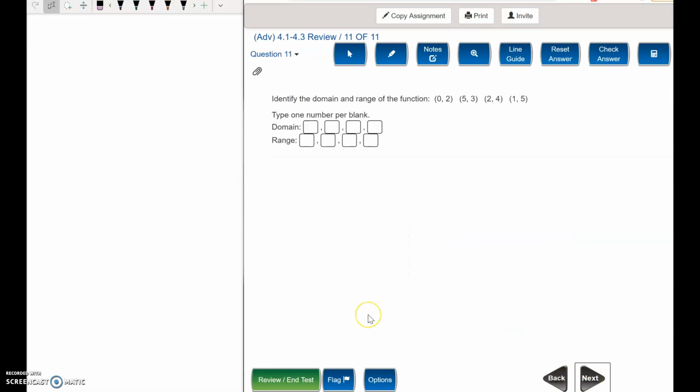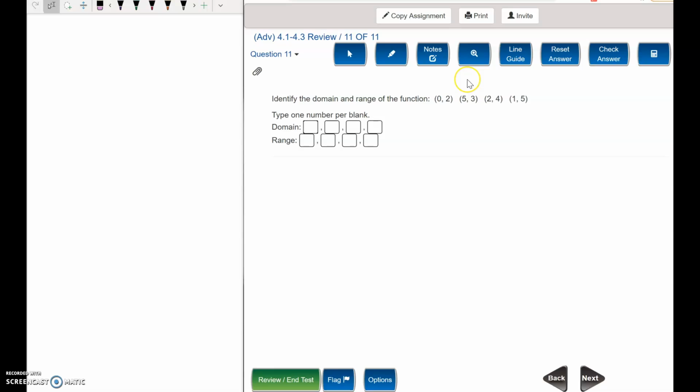And the last question is asking about domain and range. And I set this so that it doesn't matter what order you type them in. It technically is best if you put the x values in numerical order from smallest to largest. Same thing with the y values, but you can put them in any order. The domain is simply the x values.